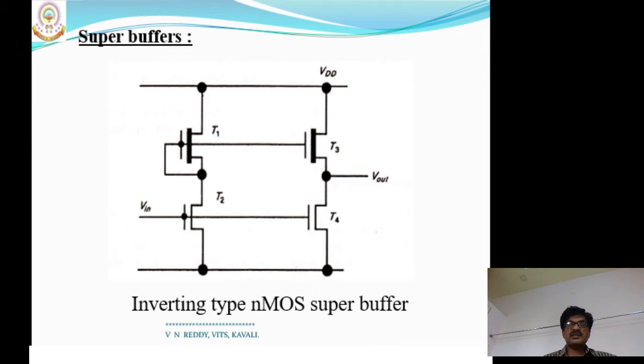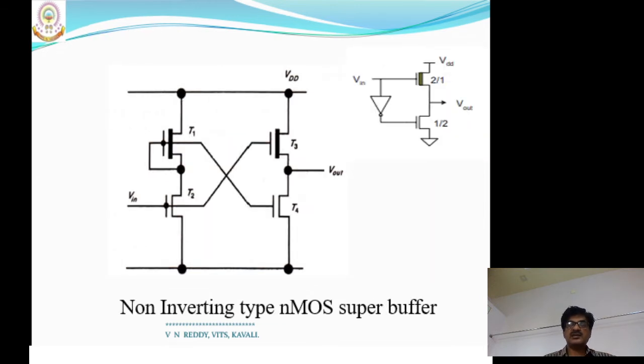So since the gate voltage of transistor T3 is increased, the driving current also increases. That is the concept involved in this super buffer. So this diagram works as the inverting type super buffer, whereas another model is like this. This is called the non-inverting type NMOS super buffer.